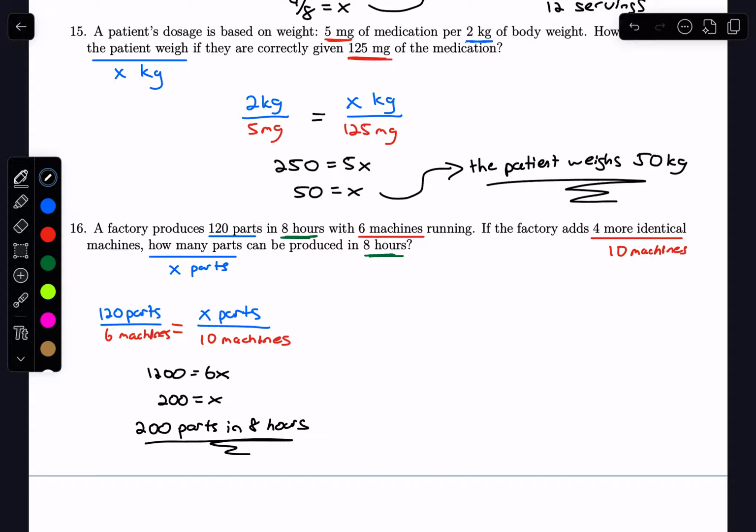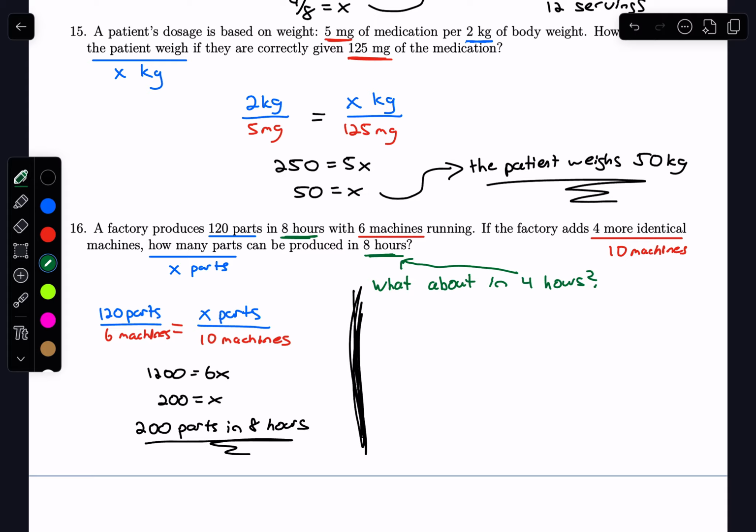Okay, so in that case, not too bad. But what if it didn't say 8 hours? Let's solve the same problem, but let's say, what about in 4 hours? What I mean is the whole setup's the same, but let's pretend that this second 8 is a 4.